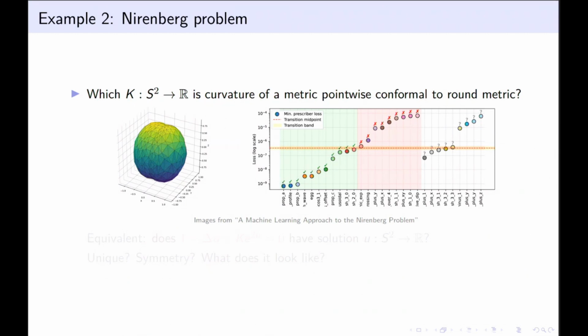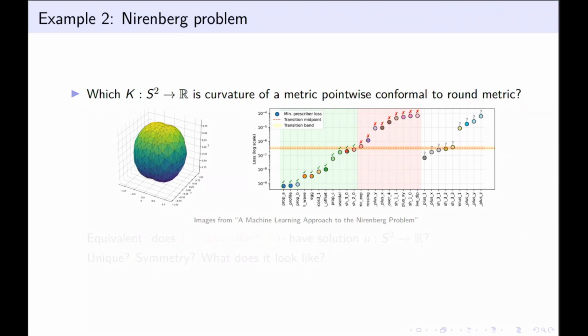What they did there was experimental mathematics. They took many, many functions k, and tried to solve this conformality equation. Among other things, they printed this one table here, where each column stands for one k that they tried. The vertical axis is the loss that their neural network produced.